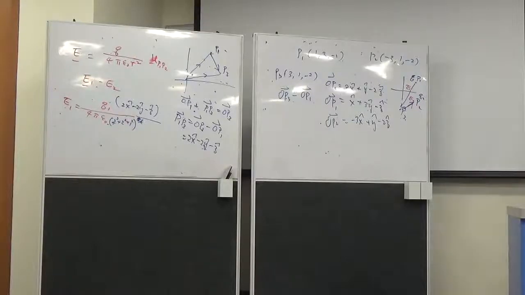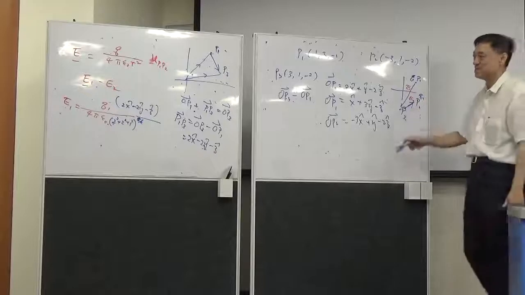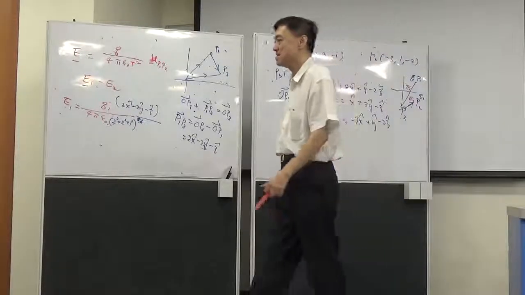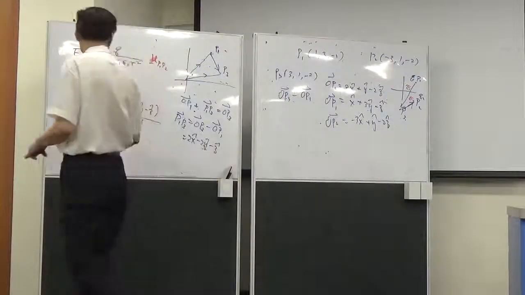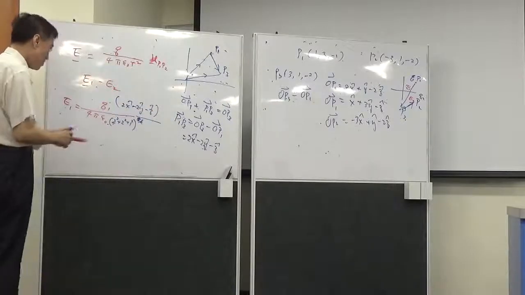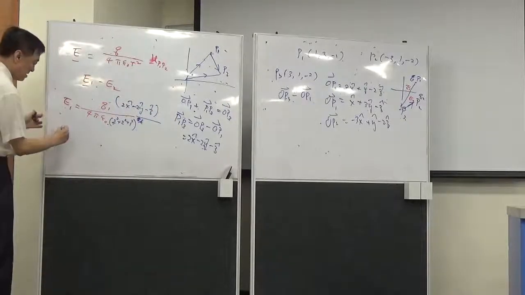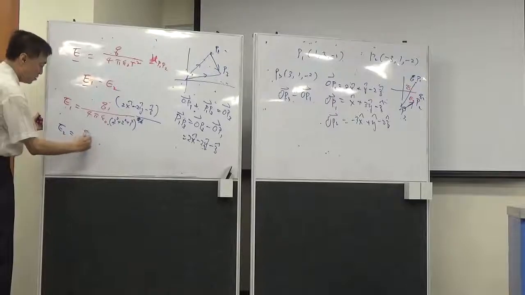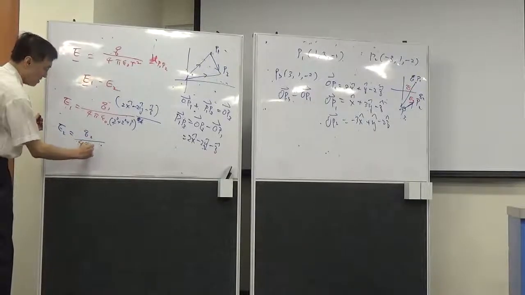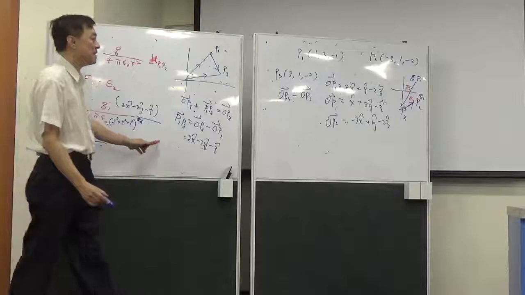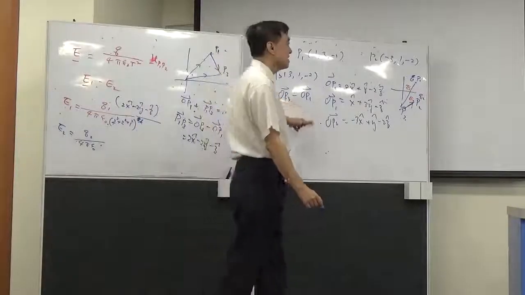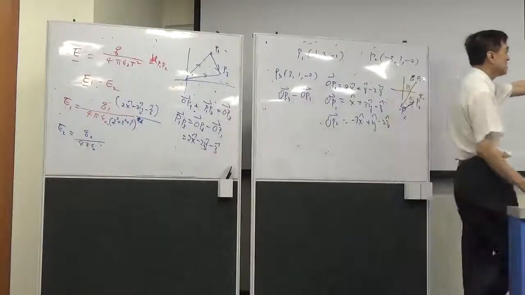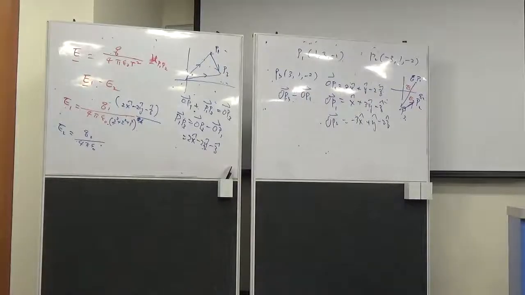So now, what is the other one? The other one is this one, E2. What is E2? E2, doing the same thing, alright? So E2 is equal to Q2 over 4 pi epsilon naught. Same thing, alright? That is your 6x, right?